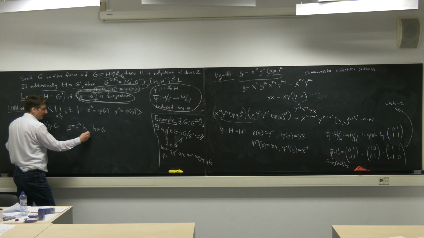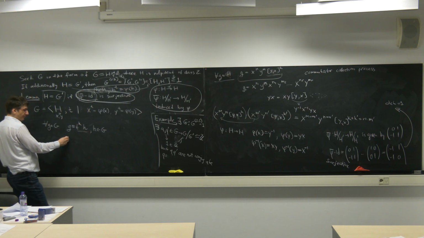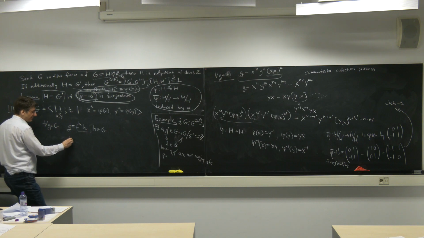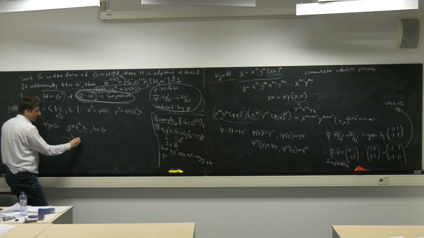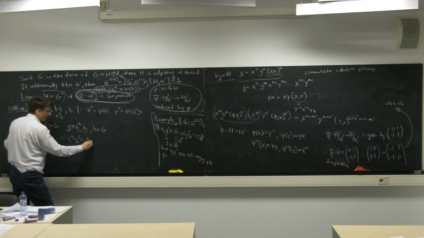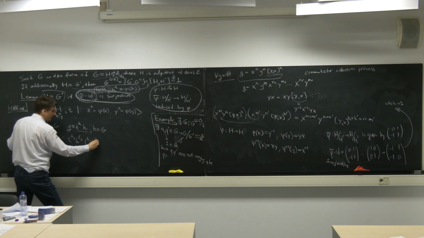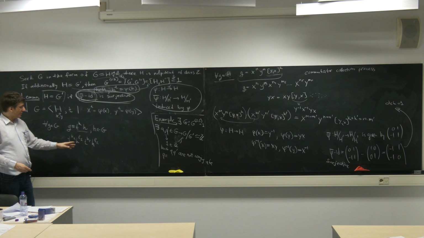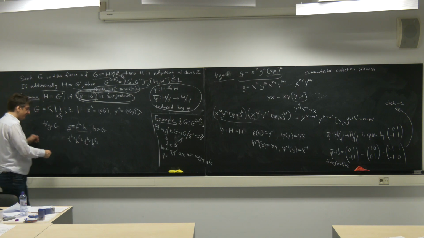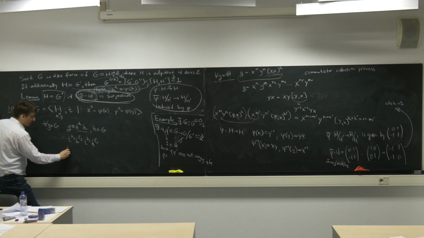Anyhow, why does any element have this form? Because certainly it has the form t to some power k1, h to some power l1, and then t to some power k2, h to some power l2. But then you can move all t's to the left by using the following relation.